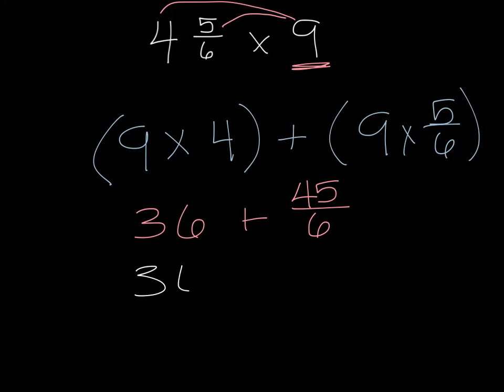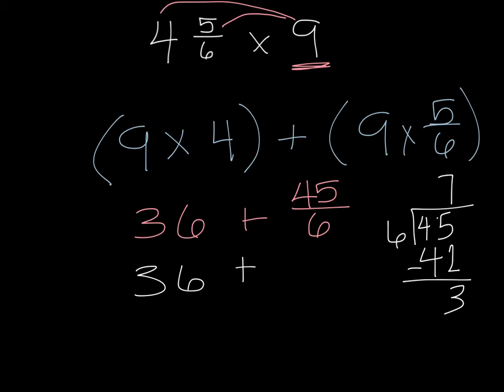Now I will convert my improper fraction into a mixed number. So I know that 6 can go into 45 7 times to get 42. And I subtract to get 3. Then I go around the clock to get 7 3/6.